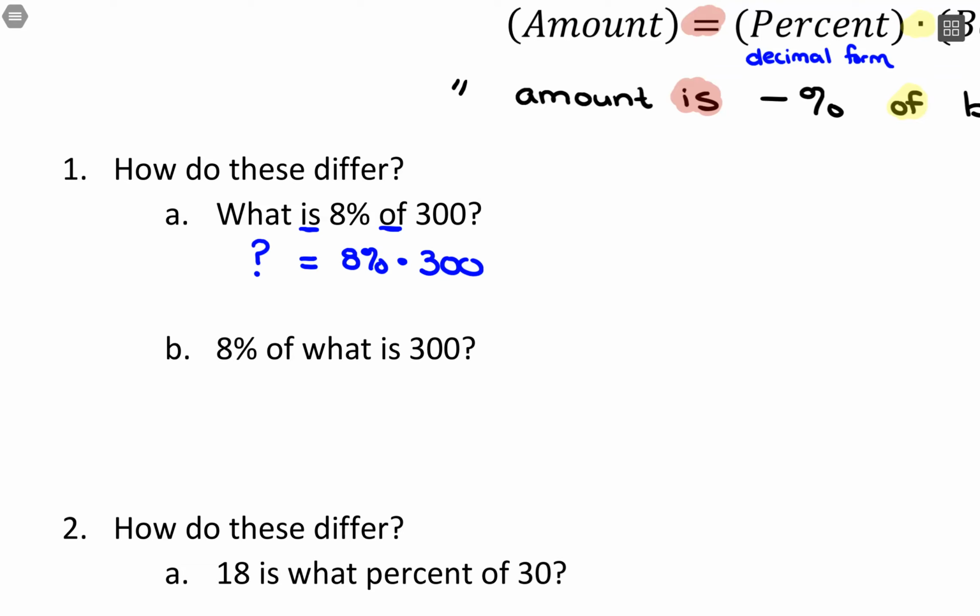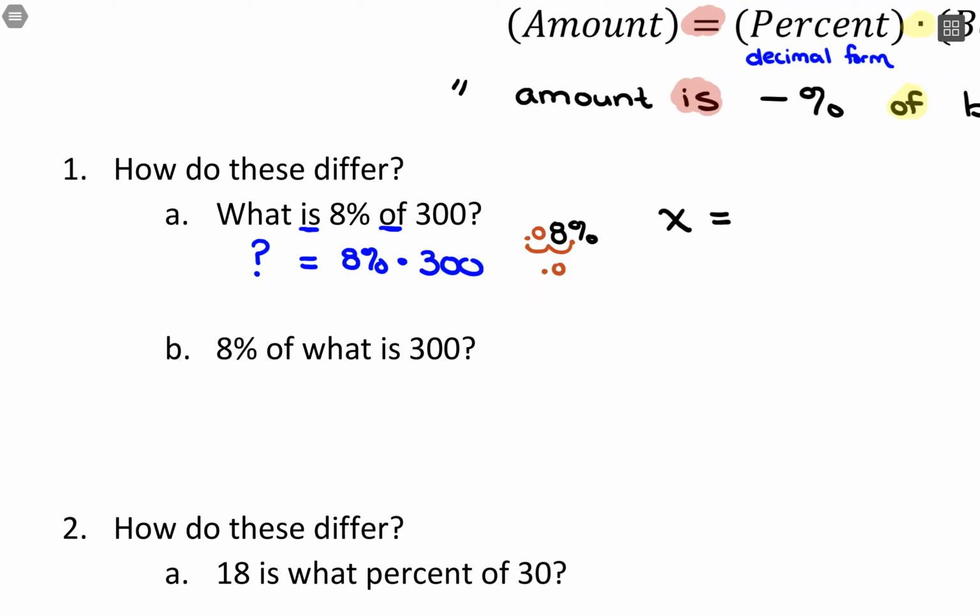So where I have my unknown, I'm just going to call that x, and then is 8% of 300. Now again, I want to use that percentage in decimal form, so I'm going to do a little conversion. So 8%, if I have my decimal right there, I move it to the left 2 spots.